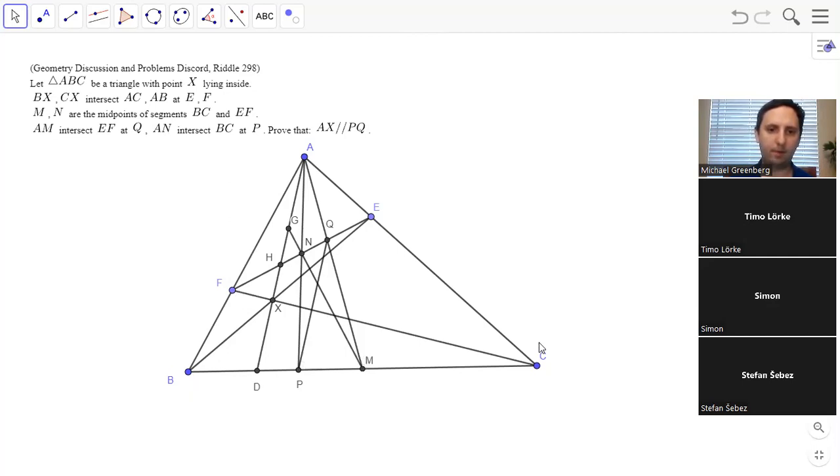But yeah, we want to incorporate V and H somehow. So we want to show FH. I'm not sure how we would do this.